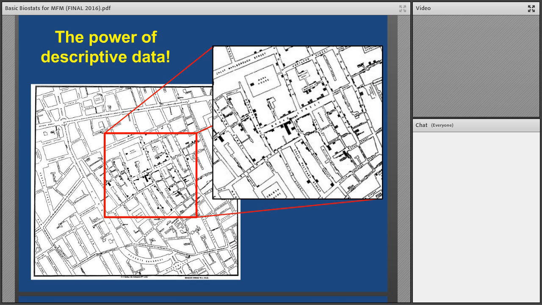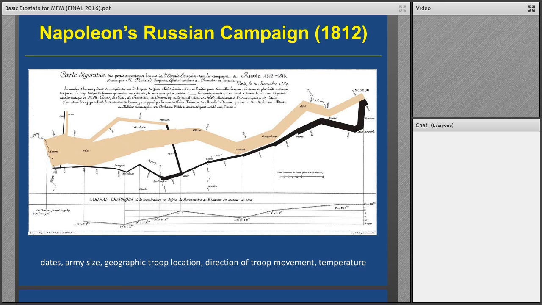The second example of where graphing descriptive statistics can be very helpful is in Napoleon's Russian campaign from 1812. And this is lifted from an author named Edward Tufte. If anybody's heard of Edward Tufte, he's a statistician who is enamored with the visual display of quantitative information.